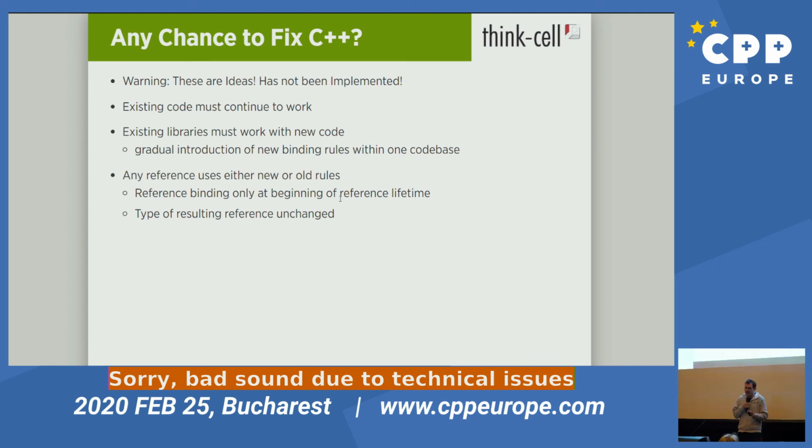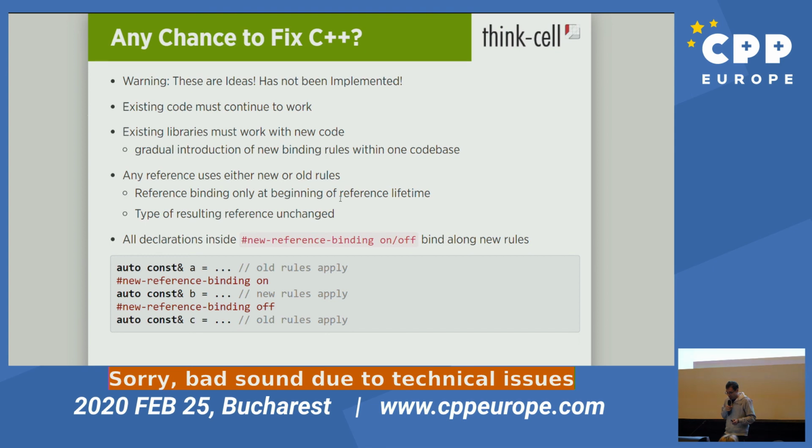No change to the behavior is going to occur. So I'll just say, okay, you can just pragma this new binding behavior on and off. You can just say, I'm going to switch it on, I can switch it off. And whatever is actually declared inside that pragma is going to obey the new binding behavior, even if you call it from the outside somewhere.